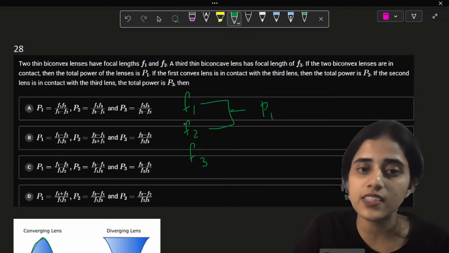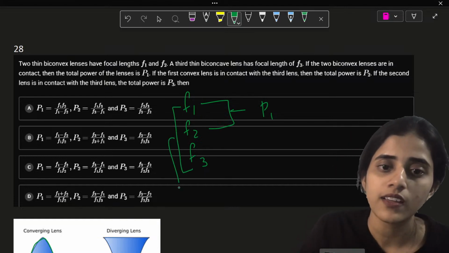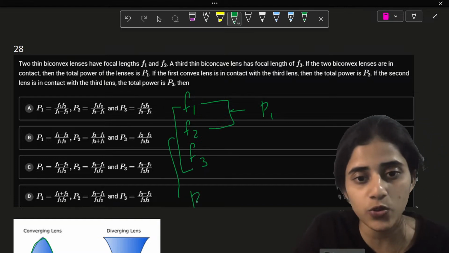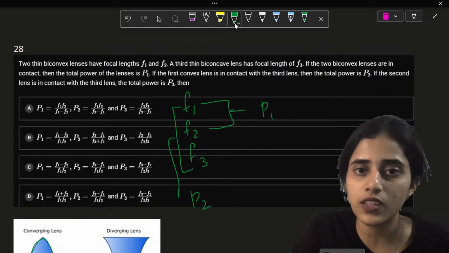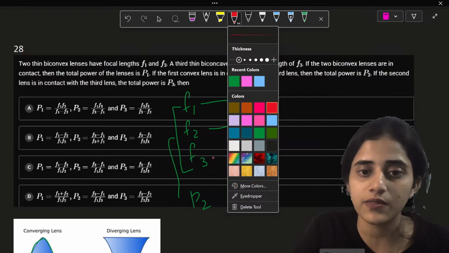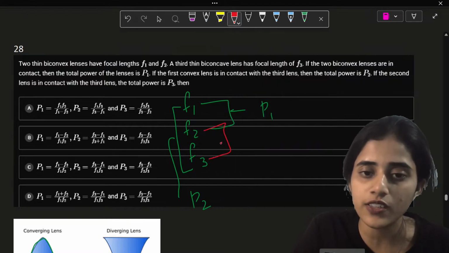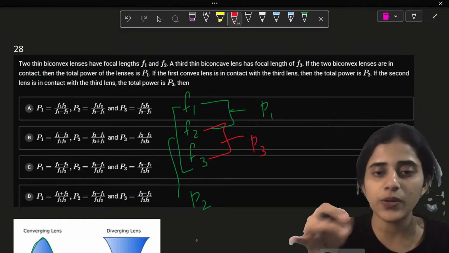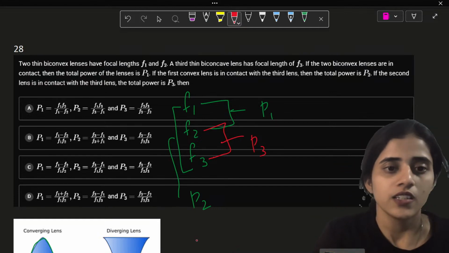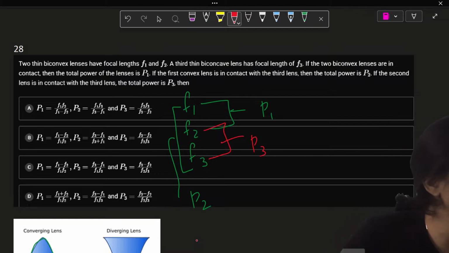If the first lens is in contact with the third one, then the power is P2. Now, if the second is in contact with the third, it is P3. So from the question, this is what is given. How will I solve it?